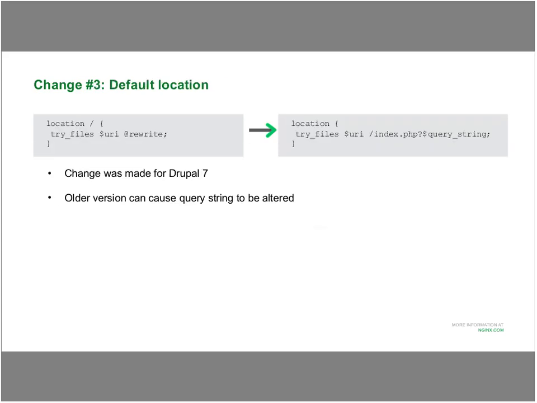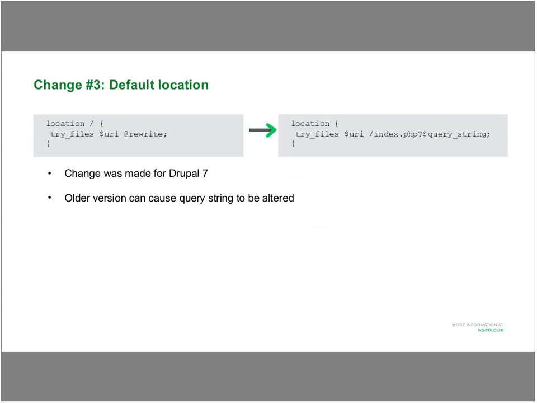And the third change is not Drupal 8 specific, but I just wanted to put it in here because there might be people moving from older versions of Drupal up to Drupal 8. It's in the main location block, and I just see a typo on the right side here, I'm missing the slash. But in any case, the main difference is in the try_files piece of it.